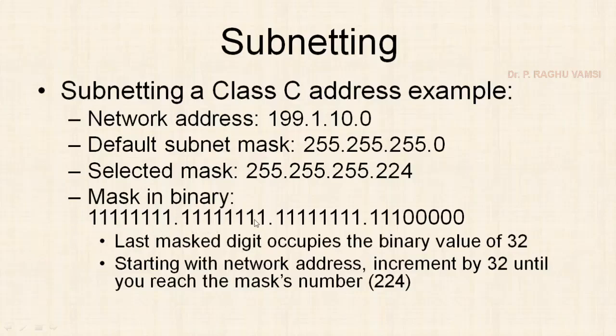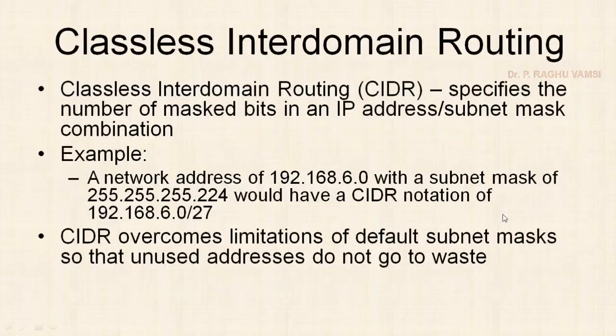Plus here also 8 bits are 1, total 16 now. Here also 8 bits are 1, total 24 now. How many bits in the next octet are 1? 3 bits. 24 plus 3 is 27. So I can mention 199.1.10.0/27, which means the subnet mask is 27 ones followed by 5 zeros. So this is the classless interdomain routing representation.